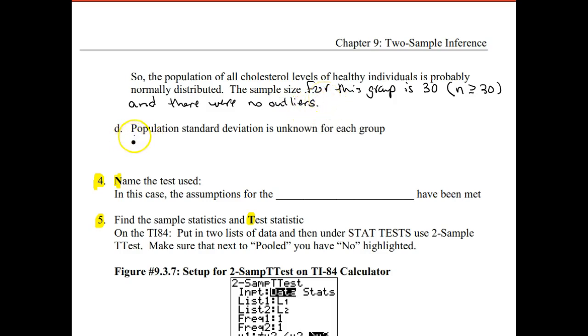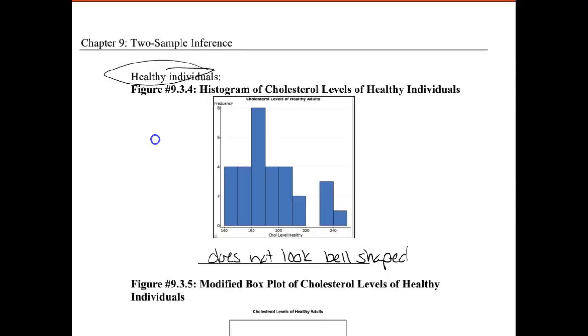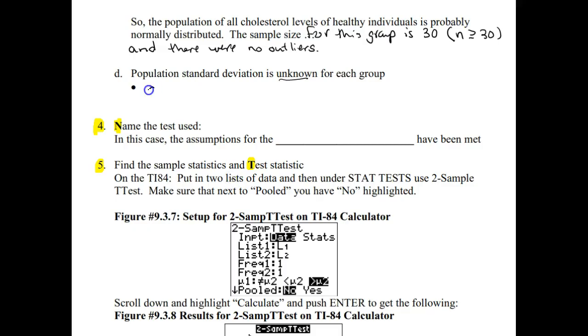Our last condition is that the population standard deviation has to be unknown for each group. So sigma 1 and sigma 2 are not given, and they cannot be computed from sample data.